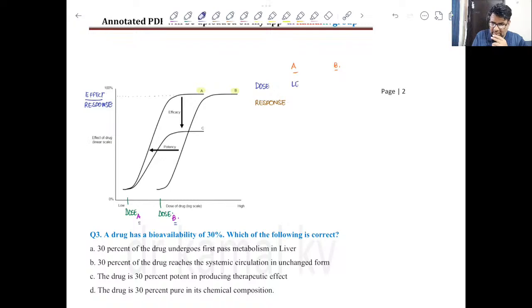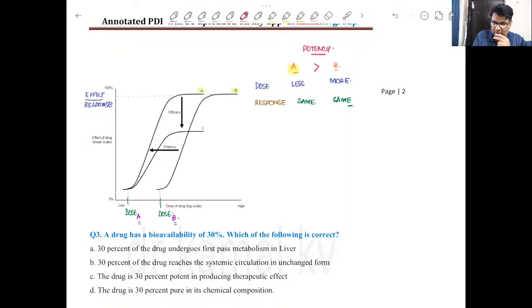So this is less, this is more, because we need more dose of drug B as compared to the dose of drug A. But what about the response? The response is almost the same for both the drugs. So here we can say that drug A is more potent than drug B. So this is in terms of potency.